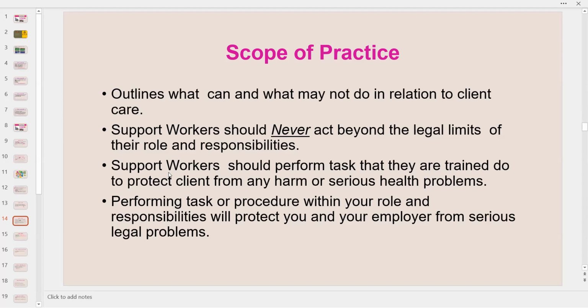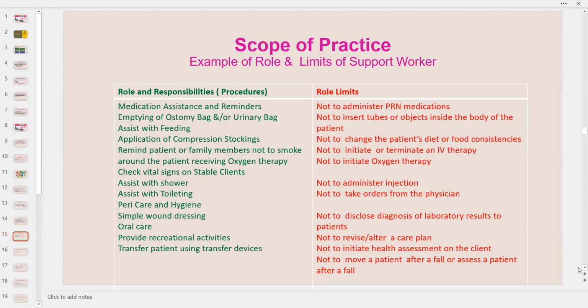It is important that support workers perform tasks that they are trained to do and to protect clients from any harm or serious health problems that may arise. They are also expected to perform tasks or procedures within their role and responsibilities. And again, it is to protect the support worker and the employer from any serious legal problems in the future.